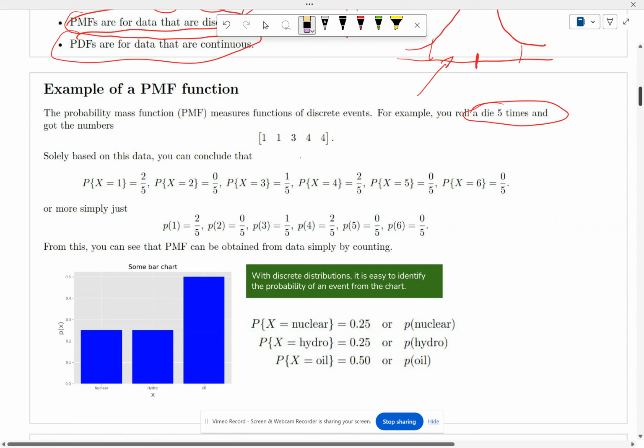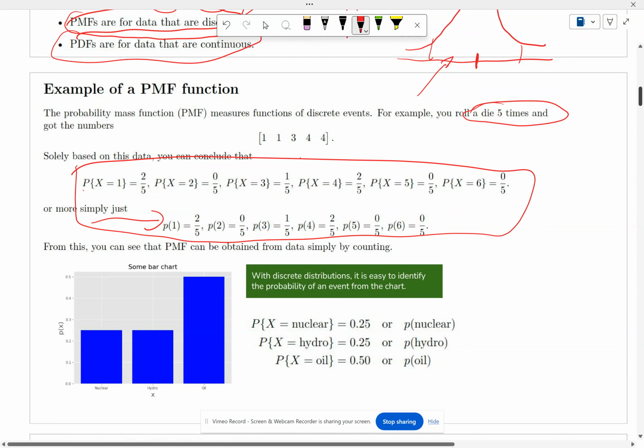Or simply, instead of this complicated big notation, we can just say the probability of 1 is 2/5, the probability of 2 is 0/5. So both notations could be used, but of course, since this is easier, we tend to write it this way.